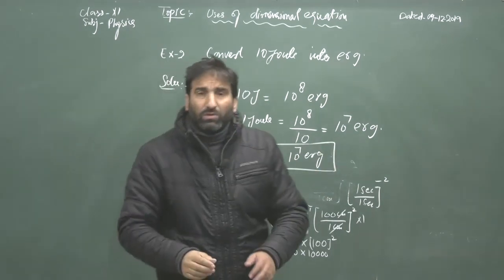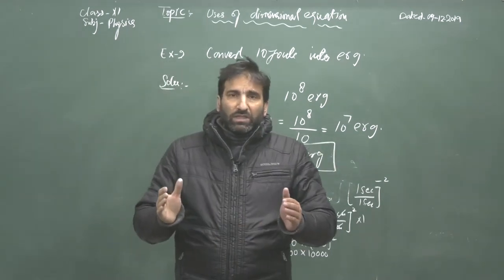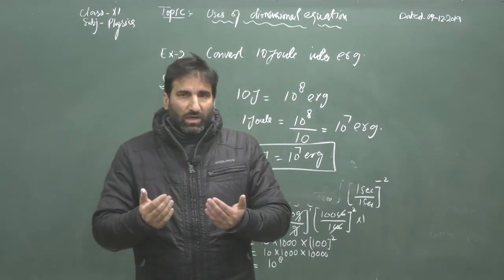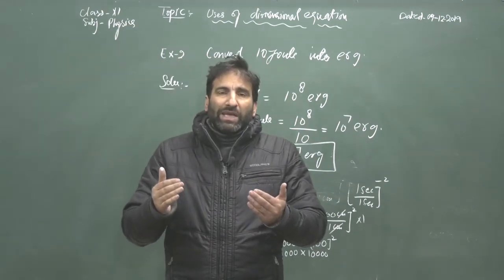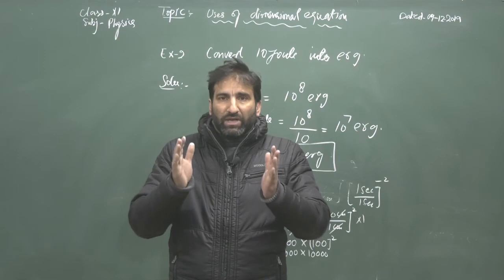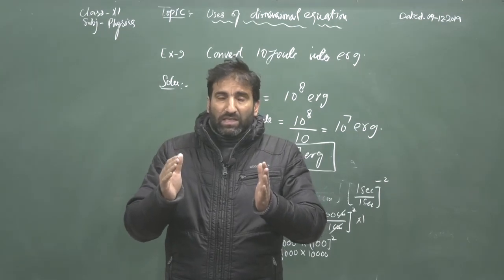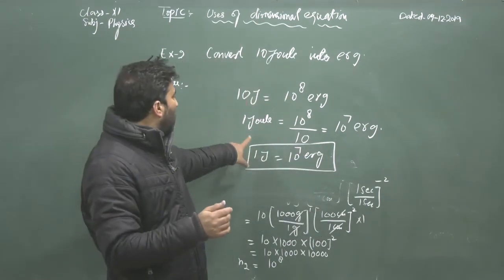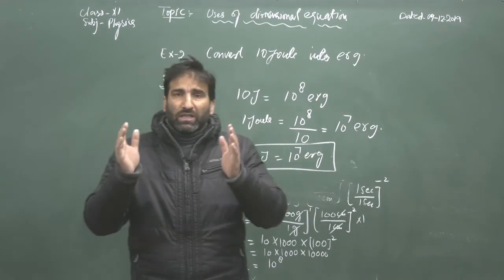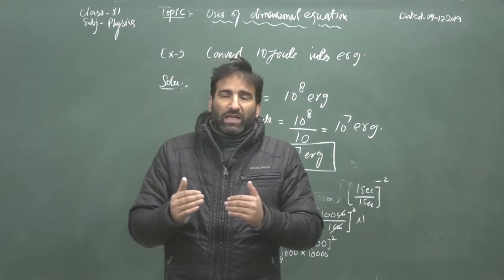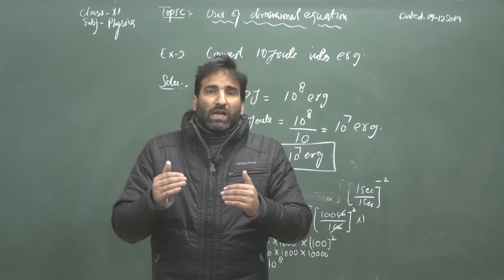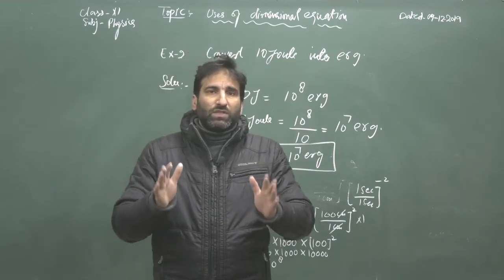This is how we can convert joule into erg, or 10 joule into 10 raised to the power 8 erg. This is how we can convert the SI unit into the CGS unit.